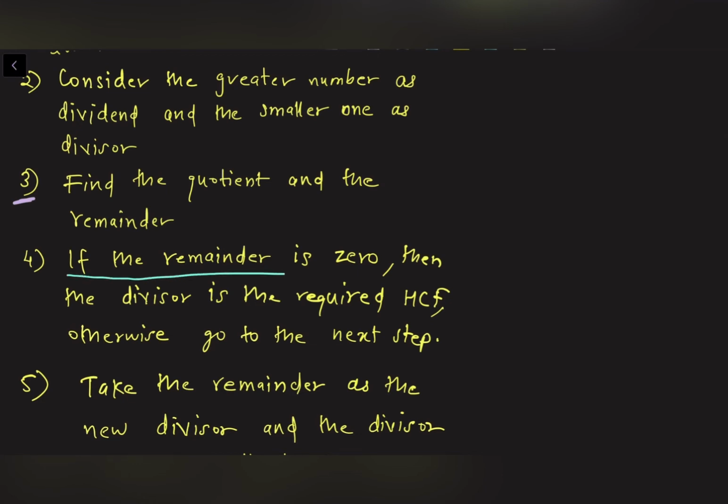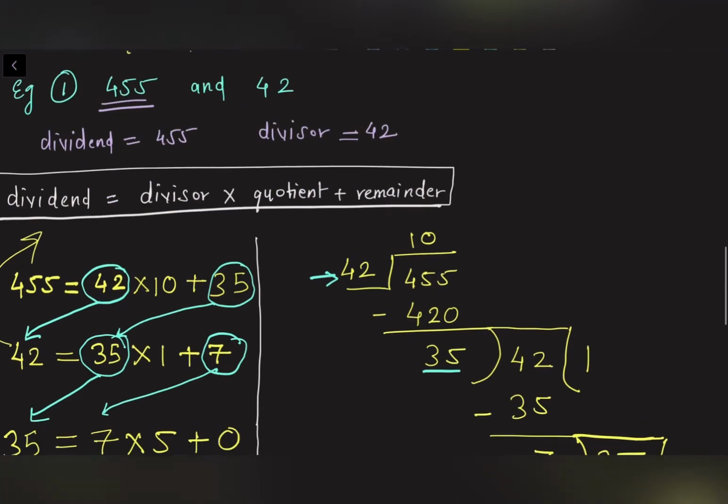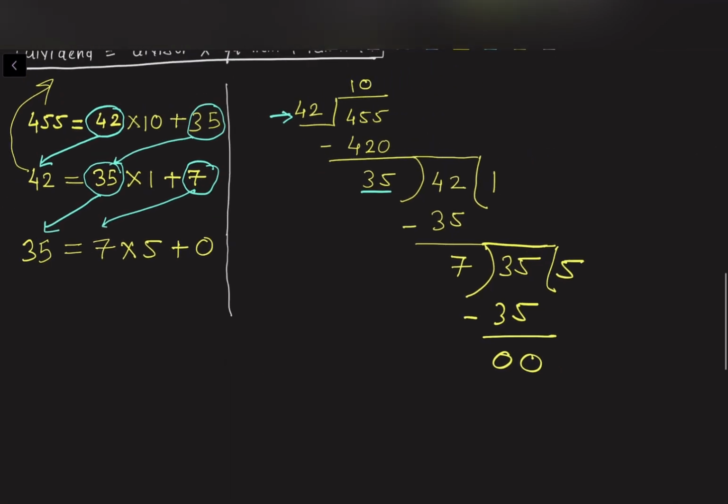If you see remainder is 0, that means the HCF is the divisor. 7 is the divisor, right? Correct? 7 was dividing 35. So 7 is nothing but our HCF.